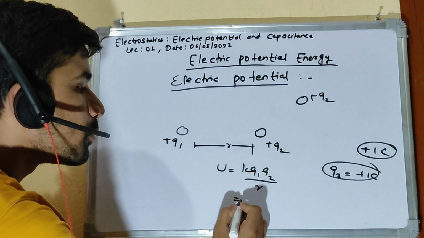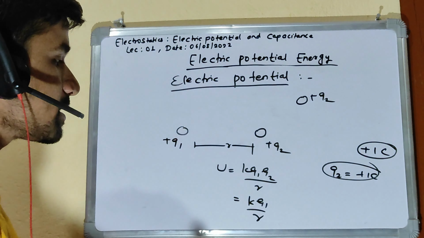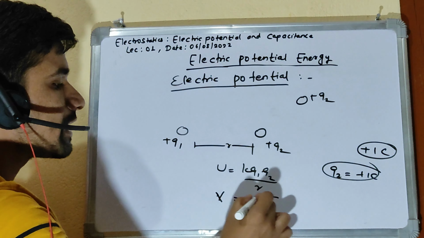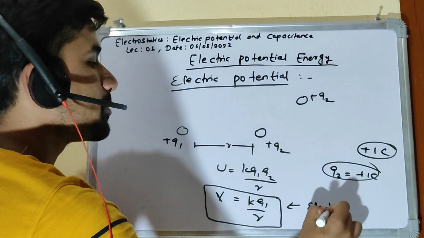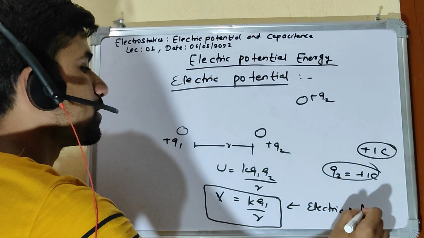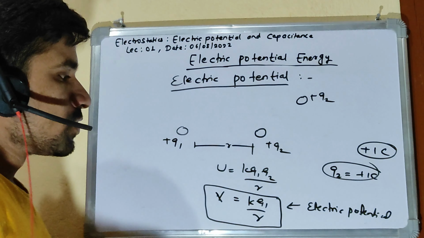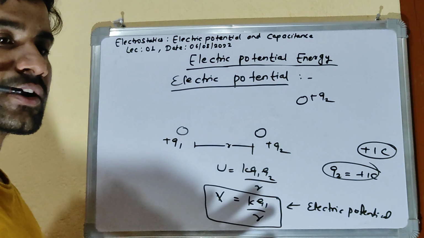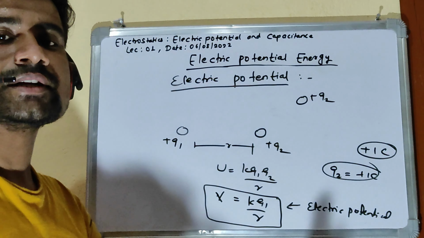So what will be the new potential energy? k q1 by r. This is nothing but V, which is the electric potential, represented by V, right? So electric potential is also called potential energy per unit test charge.